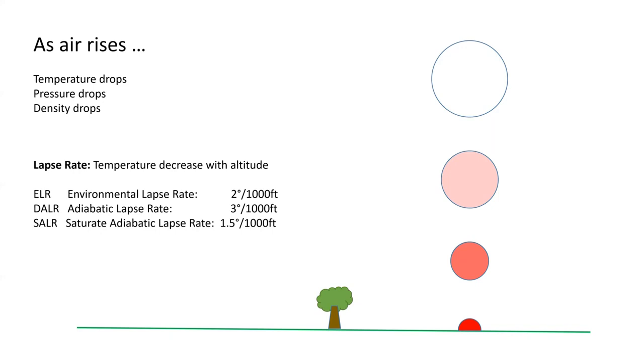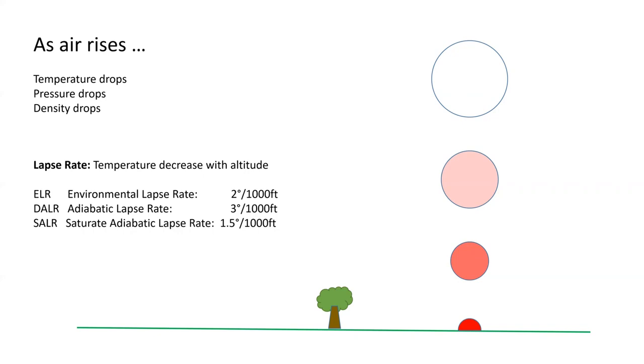What we get are things called lapse rates. So a lapse rate is nothing more than a drop of some condition. Now, for us, that lapse rate is the temperature drop.